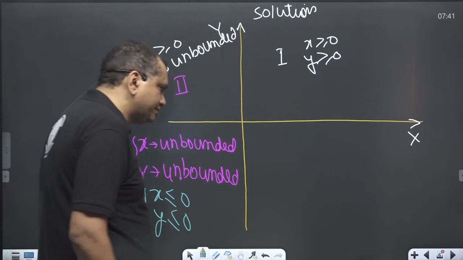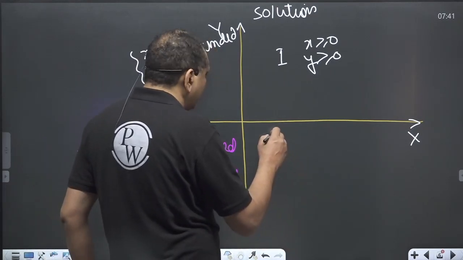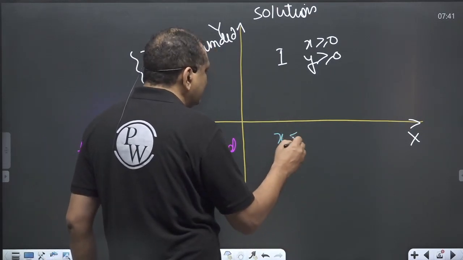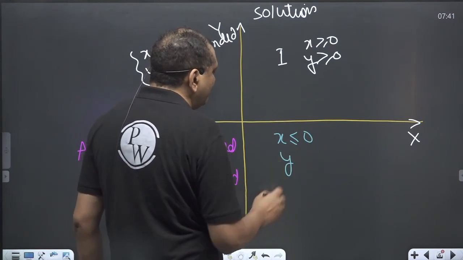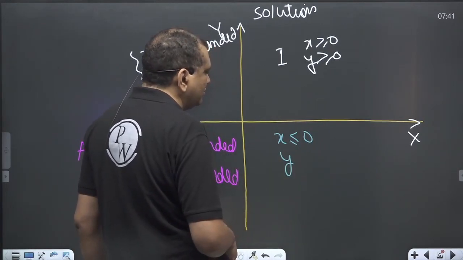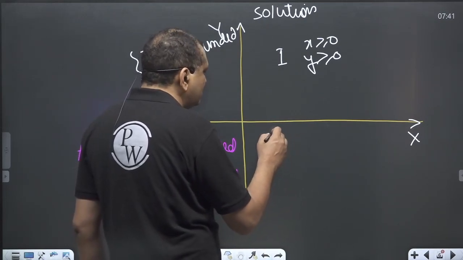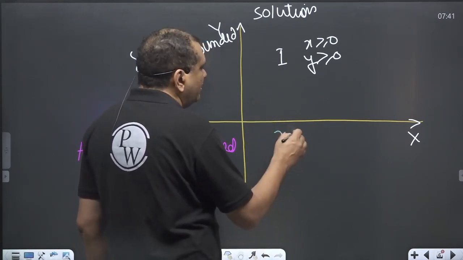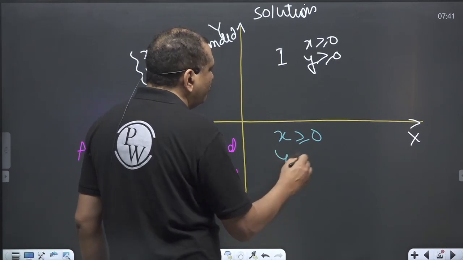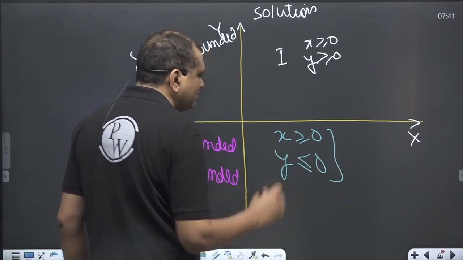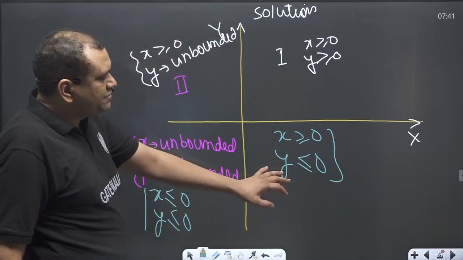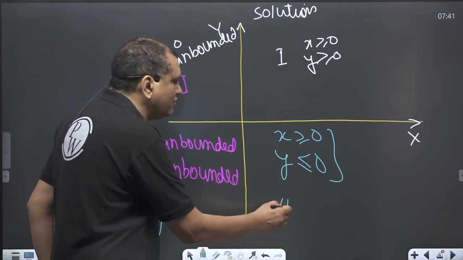Suppose x is greater than or equal to 0, y is less than or equal to 0, it means your solution lies in the fourth quadrant.